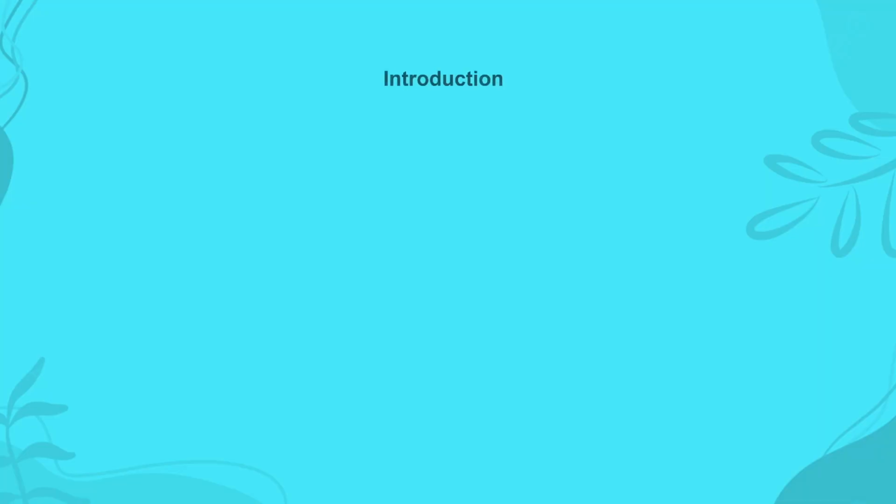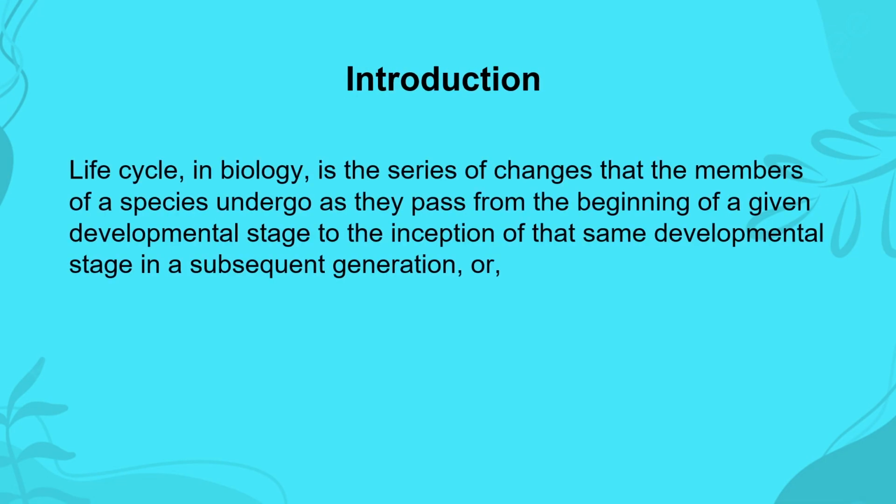Today we'll study lesson 7 of module 1 of the course, that is Information Life Cycle. Life cycle in biology is the series of changes that the members of a species undergo as they pass from the beginning of a given development stage to the inception of the same developmental stage in a subsequent generation.